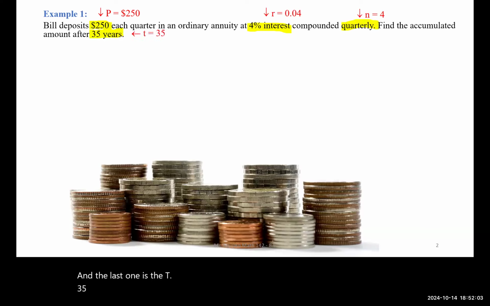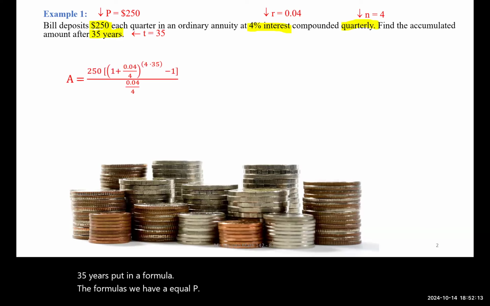Put it in the formula. We have A equals P times (1 plus r over n) raised to the nt, minus 1, over r over n.